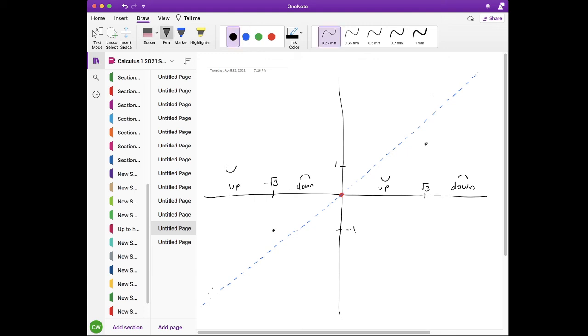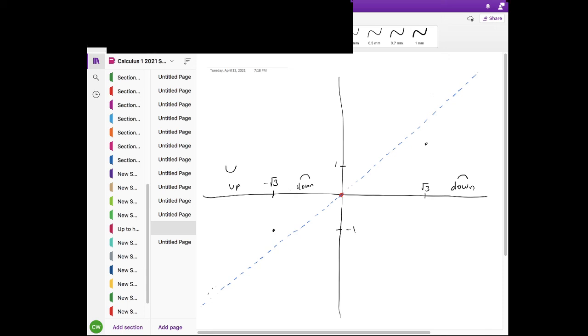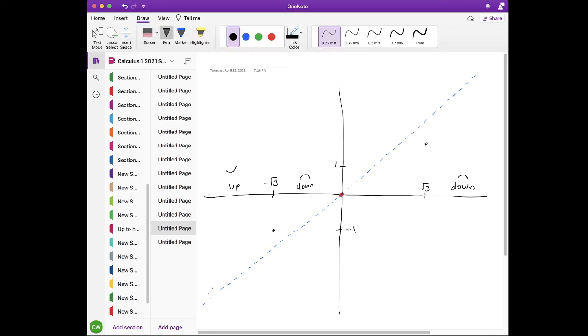Okay, so it's going to be concave up until this point at root 3, after which it turns into concave down and then hits the asymptote.